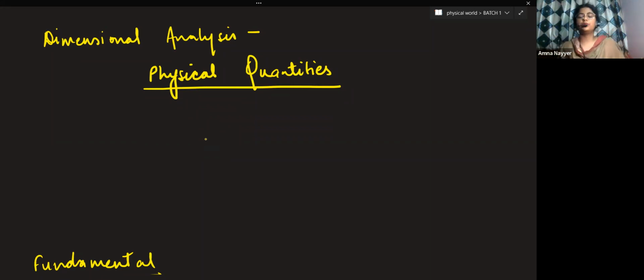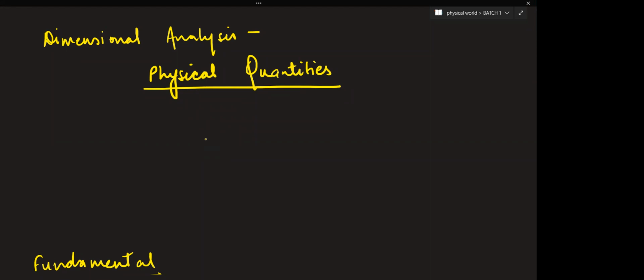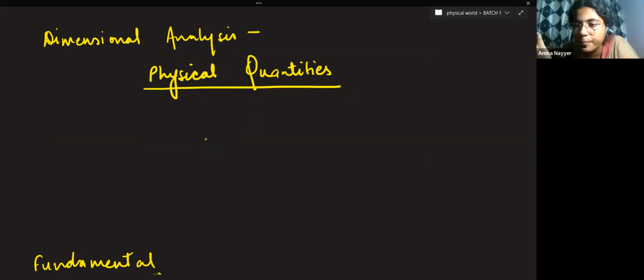If I ask you, Maha, tell me how much honest you are, or how much happy you are, can you answer me in terms of any physical quantity? Can you tell me how much kg of happiness you are comprising, or how many kilometers of truthfulness is in you? No, definitely not. But if I ask you what's your weight, what's your height, you will be able to measure these because these are physical quantities.